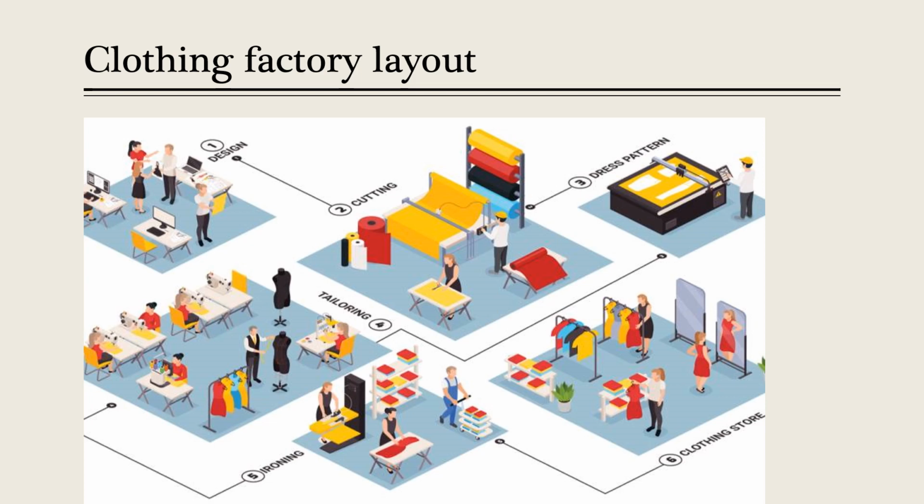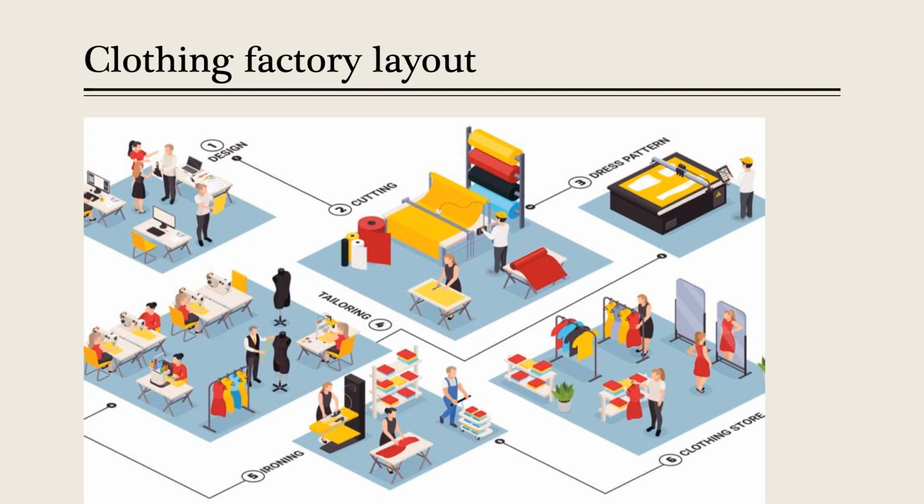So here you can see the employees are grouped based on similar tasks, such as cutting, sewing, ironing, and so on. The employees in that particular group are specialized for that particular task.